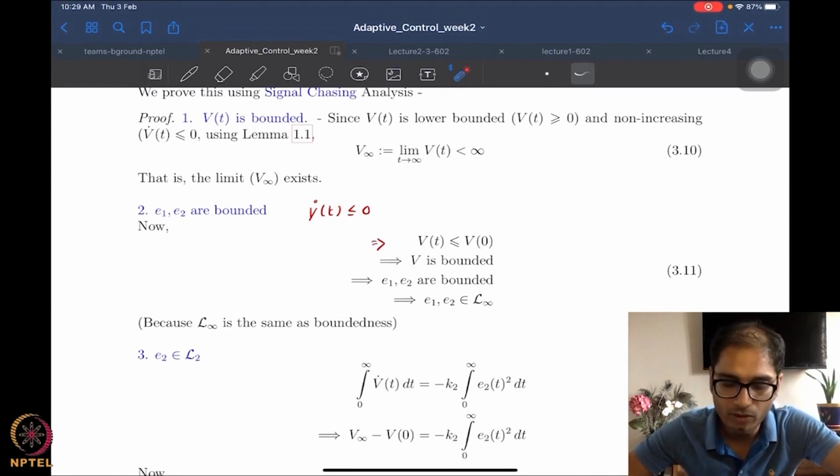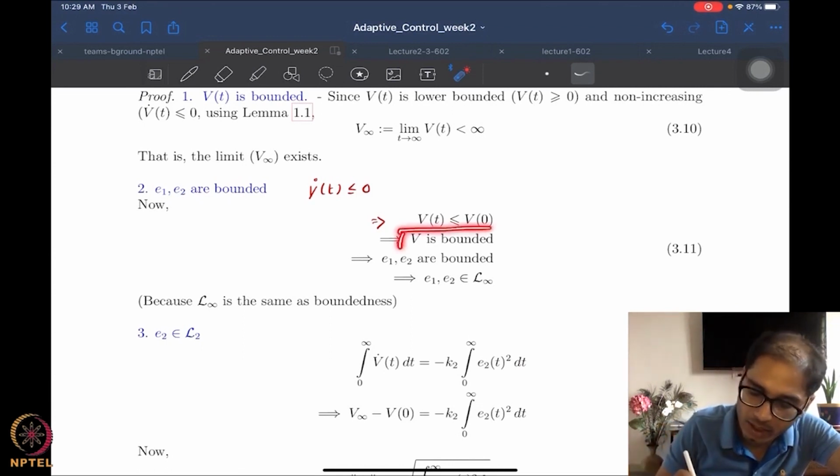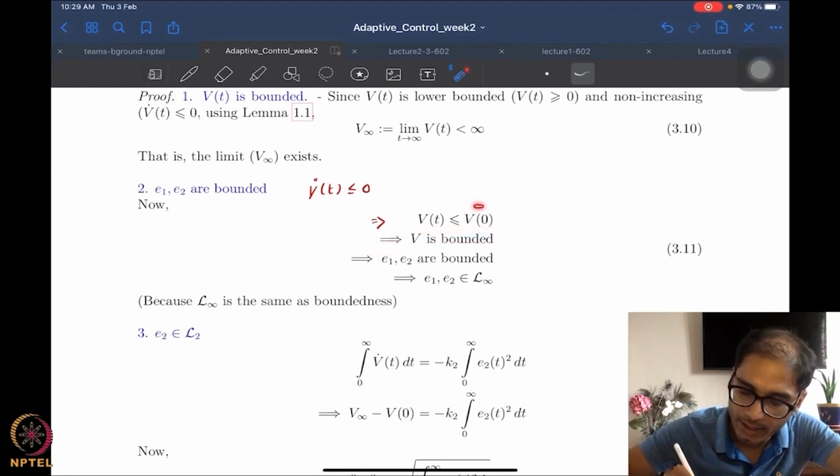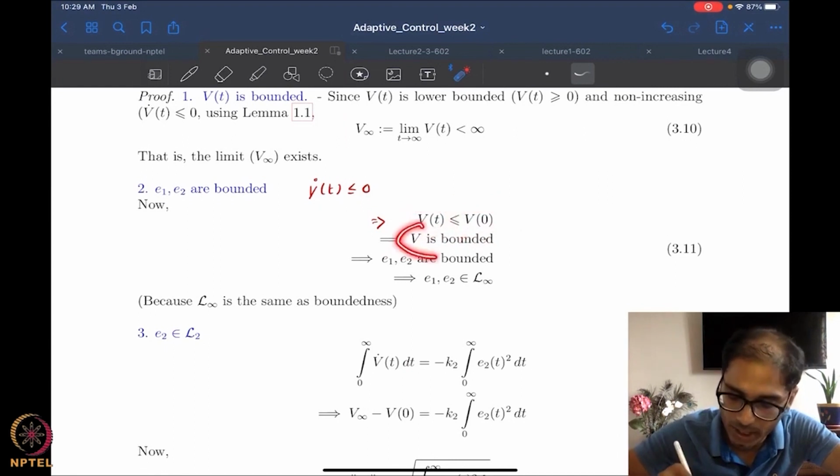Therefore, V of t has to be less than or equal to V0. What does it mean? It means that V itself is bounded, because whatever value I started at, it's always going to remain below that value.